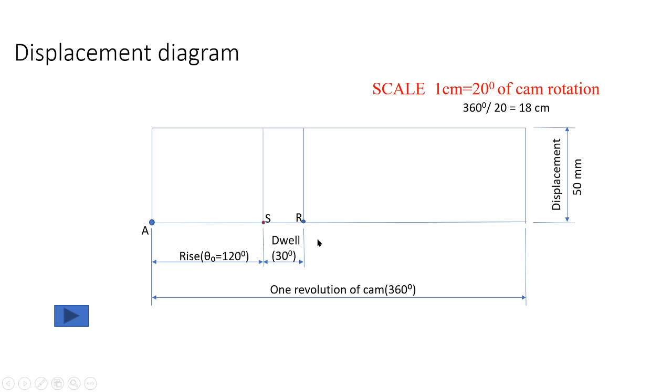Now mark the return stroke. In this problem, return stroke, that is theta r, is equal to 60 degrees. 60 divided by 20 is equal to 3 centimeters. From R, you measure 3 centimeters and mark the return stroke. Then this line segment represents the dwell period.